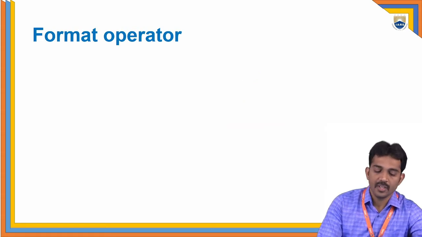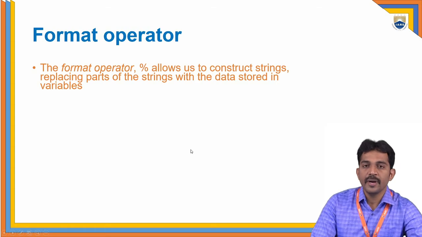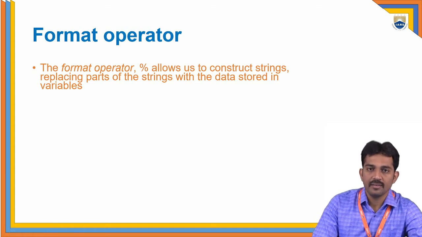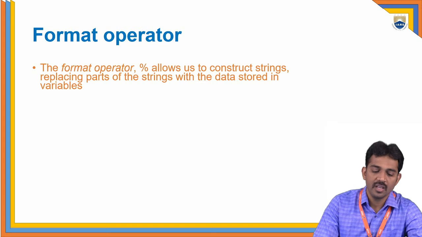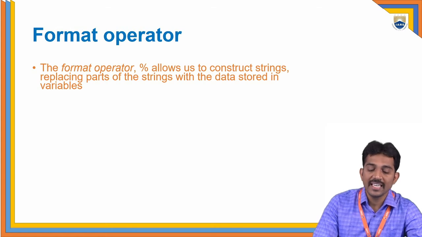See, the format operator is based on the percent sign. If you already know the C language, you know %d, %c, %s. Same like that. It allows us to construct strings and replace parts of the string with the data stored in the variables.